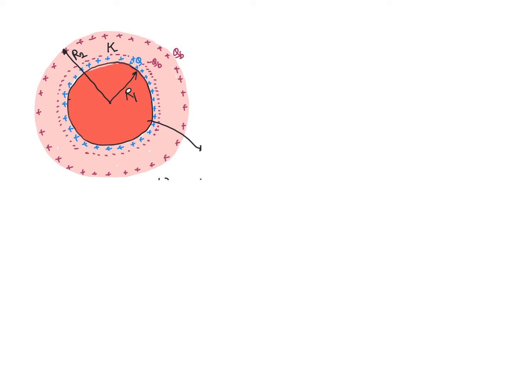An alternative method to solve this problem is by integration. Say this is the field E, radially outward at a distance R. If R is between R1 and R2, then what is the field at R?